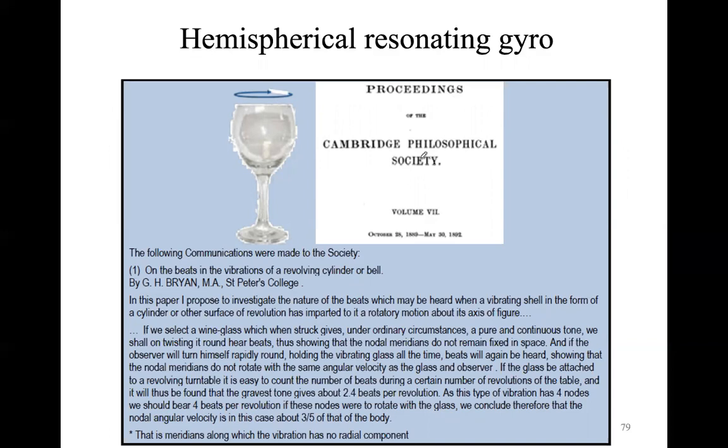The original principle that gave the idea to this gyroscope: in the 1990s, a physicist, Brian, of Peter's College, struck a wine glass, and he saw that the vibrational mode of these glasses behaved in a specific way.